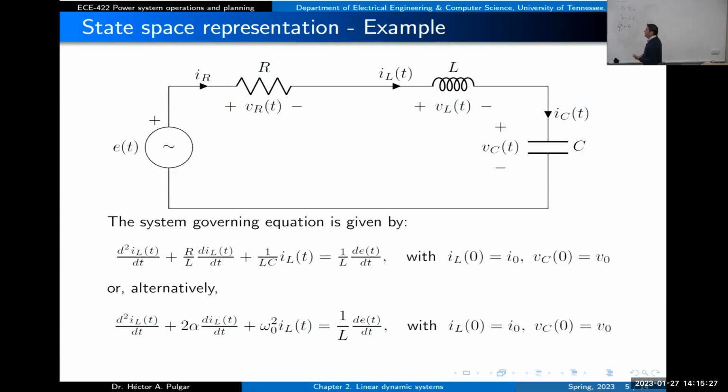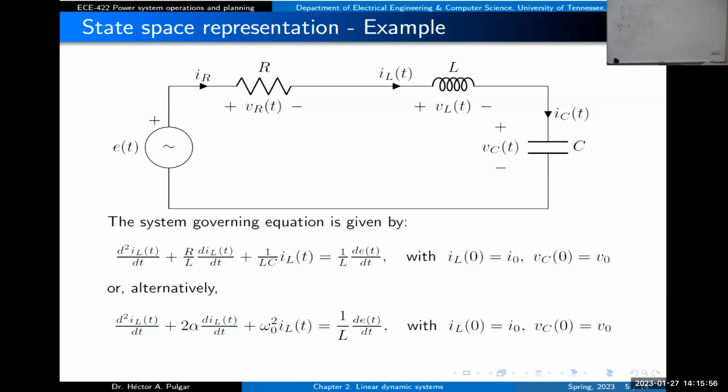Well, that's what you study, but as an example, what I'm going to do here is show you how we can study this in a different way with the linear representation. So, when you study this system, you will assume that at some point, in this case time 0, you know how much energy you have in that capacitor as potential energy.